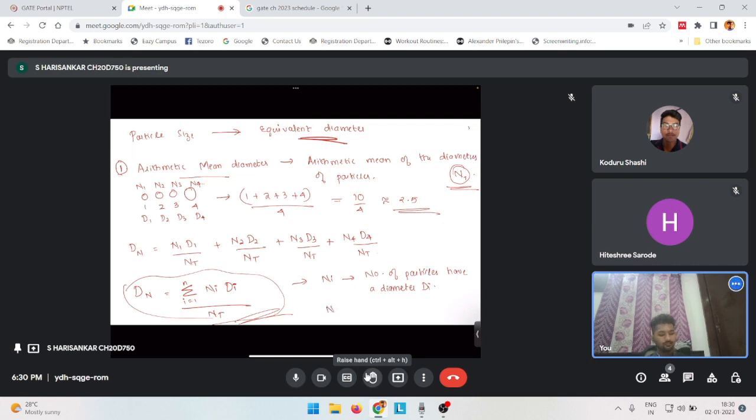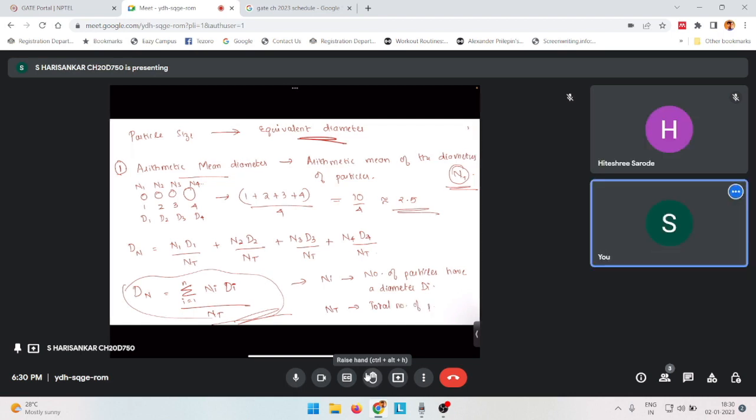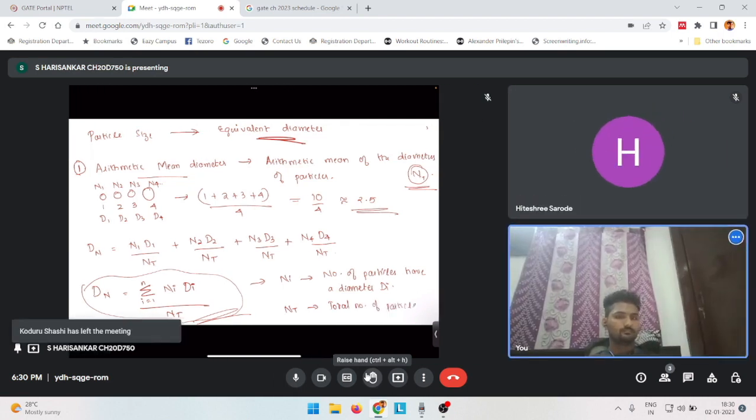And nt, as defined earlier, is the total number of particles. So yes, this is what you mean by arithmetic mean diameter.